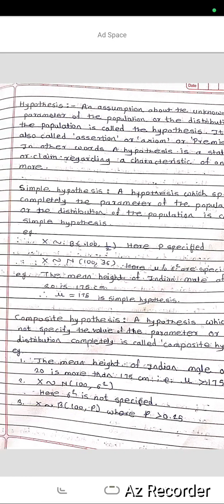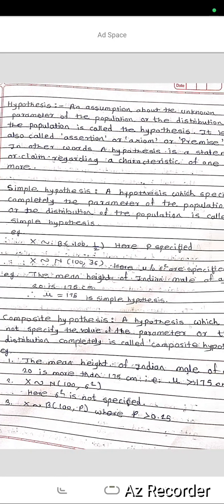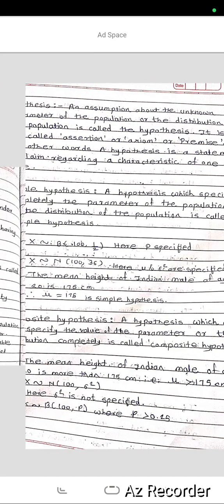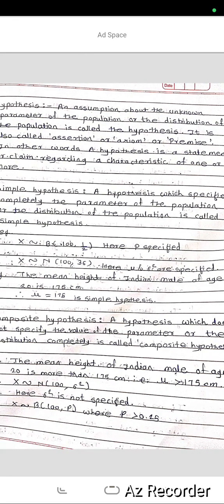For example, the mean height of Indian males of age 20 is more than 175. That means they are mentioning that the height is greater than 175, they have not given the accurate height. Also, x follows normal distribution with parameter 100 comma sigma square.